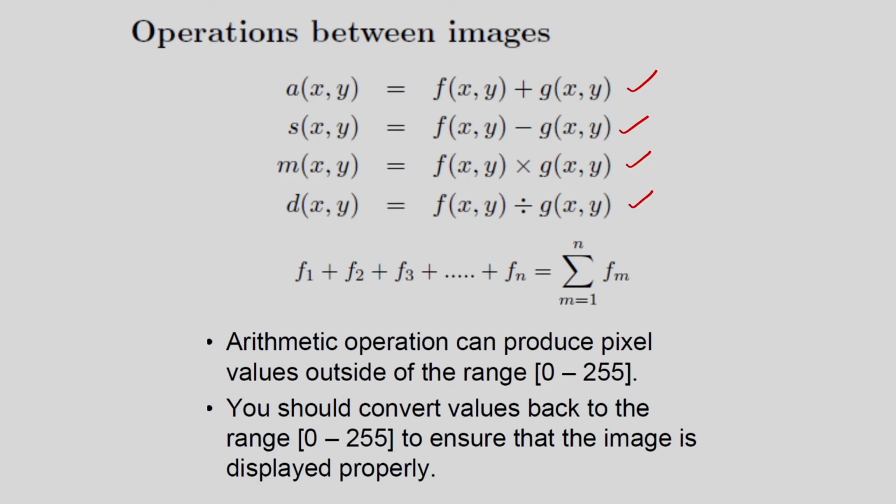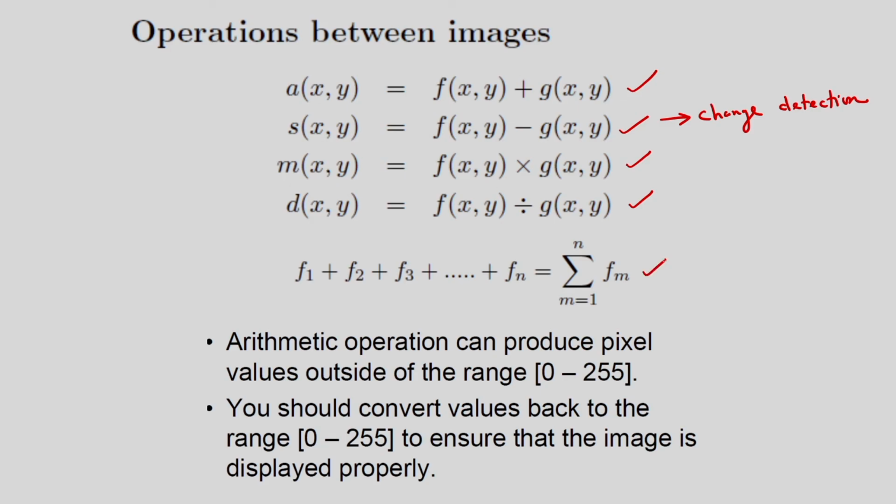In case of the subtraction, that is nothing but the change detection. Already I have explained in my second class. If I want to detect the moving regions, then in this case I have to apply the subtraction operation. That is called the change detection.